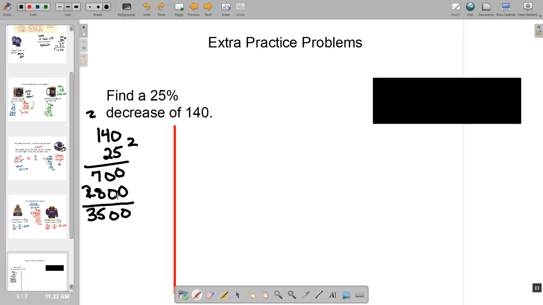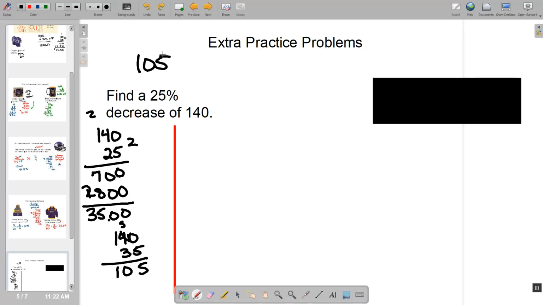Once we find this, we are then going to subtract 35 from our original number. So 140 minus 35 is 105. So 105 is a 25% decrease of 140.